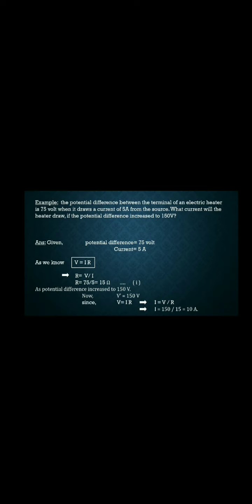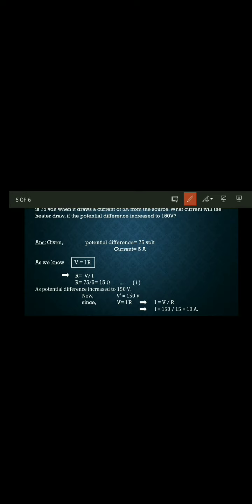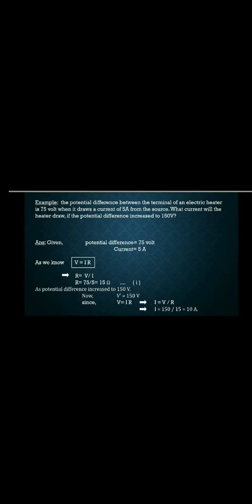So you can see the question. Okay, let's read the question first. The potential difference between the terminals of an electric heater is 75 volt, right?